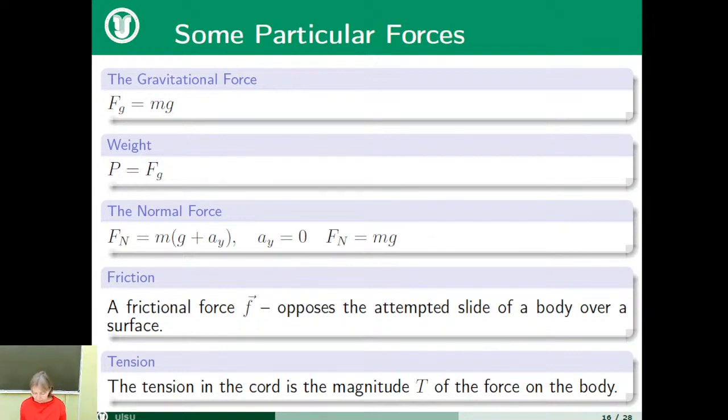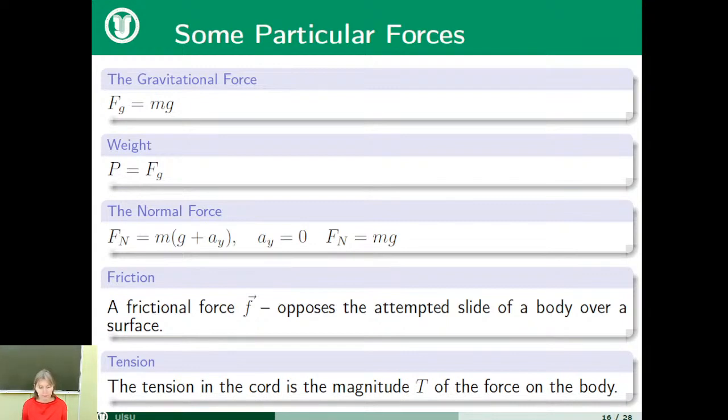If the table and block are not accelerating relative to the ground, then ay is equal to 0 and Fn is equal to only the product m and g.